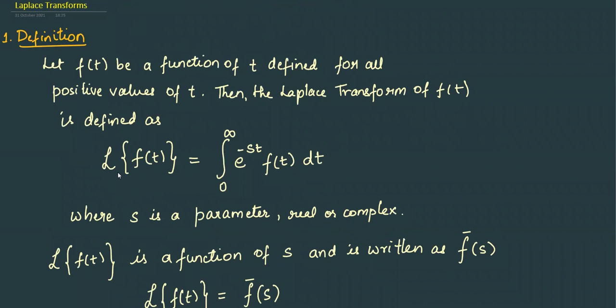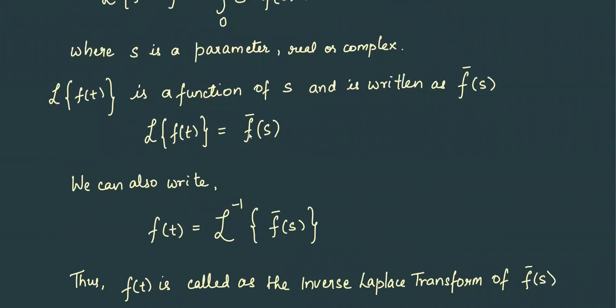So the Laplace transform of f of t is defined as the integral from 0 to infinity of e power minus st f of t dt. This is a function of s. A function defined in terms of t or x is converted to another parameter s. So it has been transformed.